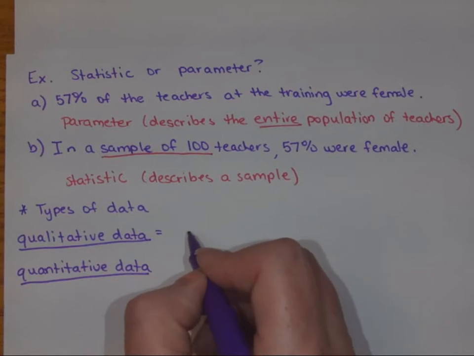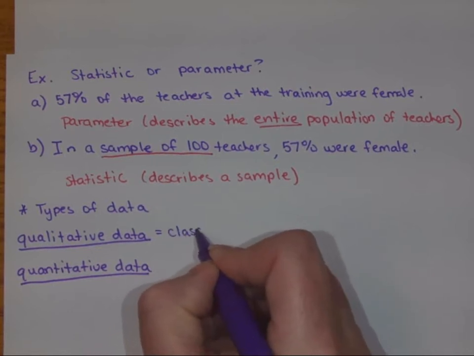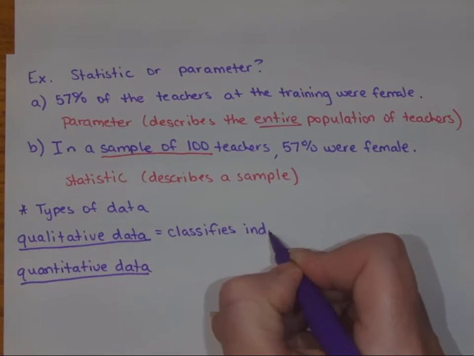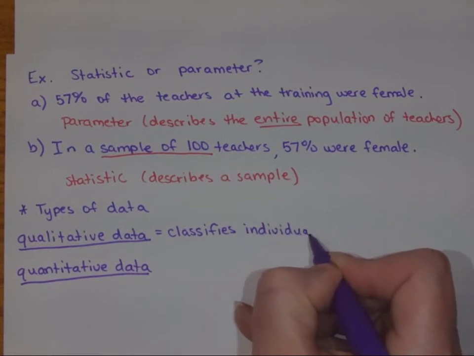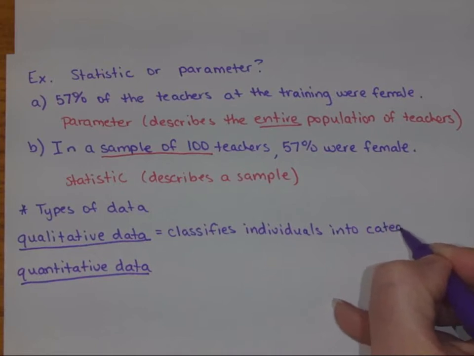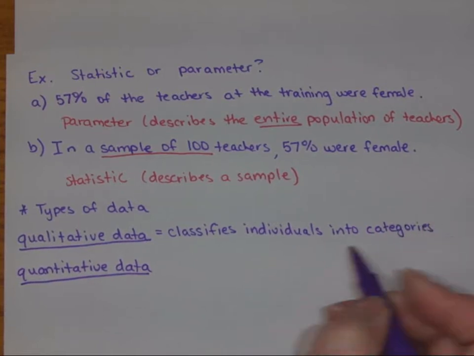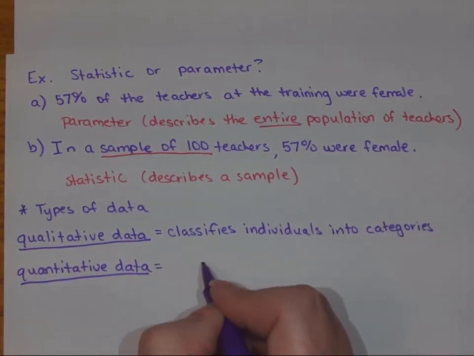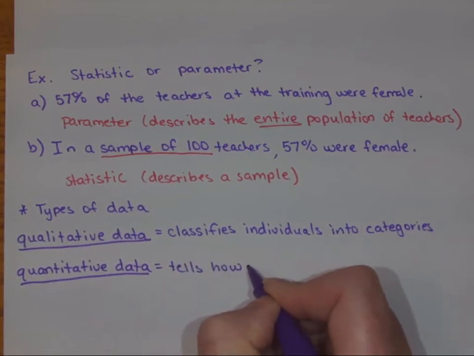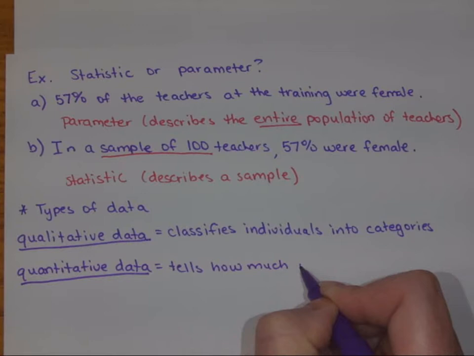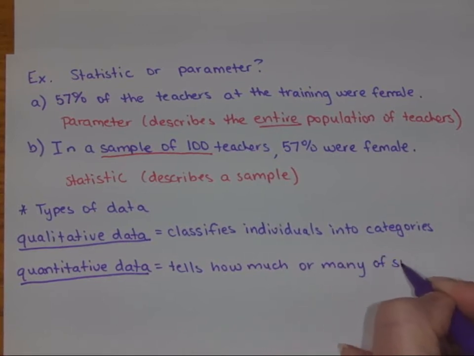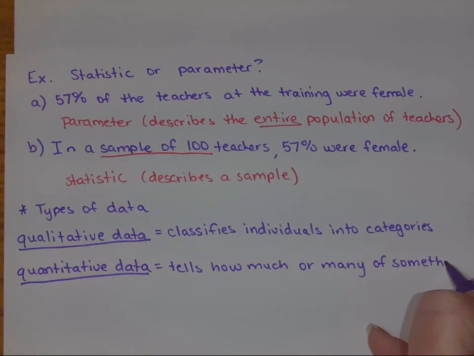Qualitative involves something other than numbers. So qualitative data basically classifies or groups individuals into some sort of categories, whereas quantitative data tells how much or how many of something there are. In other words, the actual information you're gathering is a number.